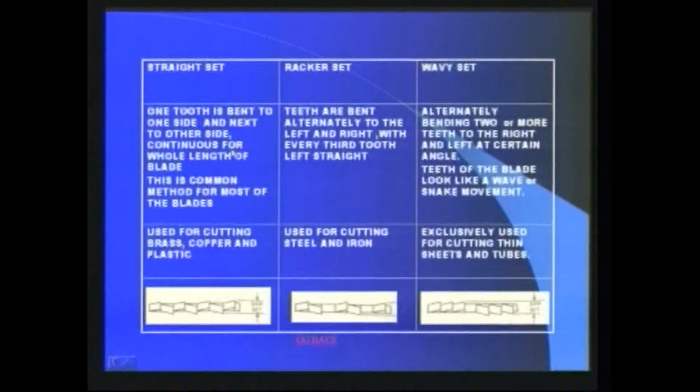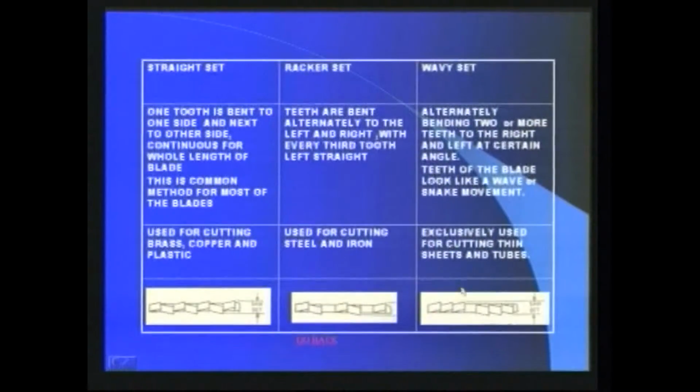In the straight set, one tooth is bent to one side and next to other side. It is continuous for the whole length of the blade. This is common method for most of the blades. In case of raker set, teeth are bent alternately to the left and right with every third tooth left straight.